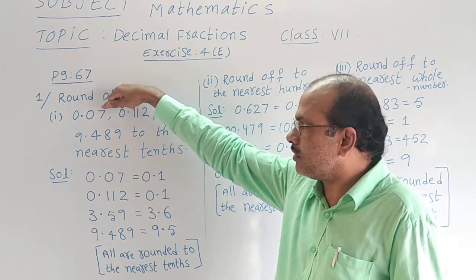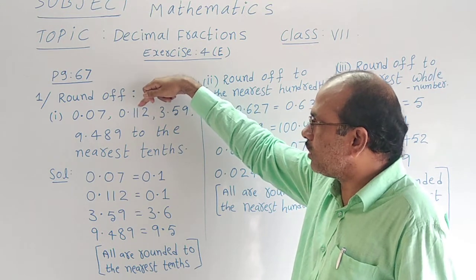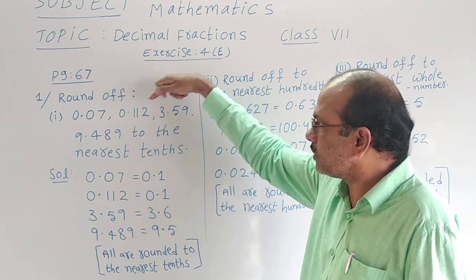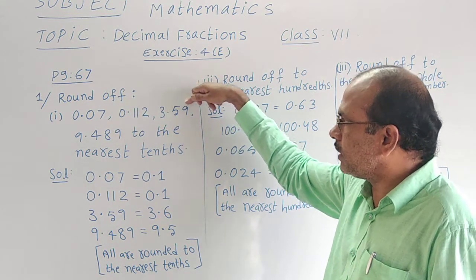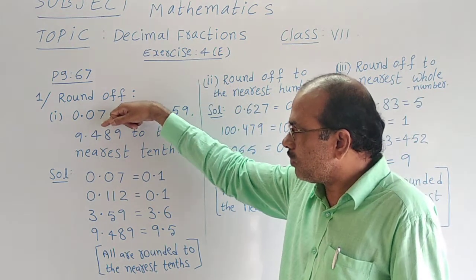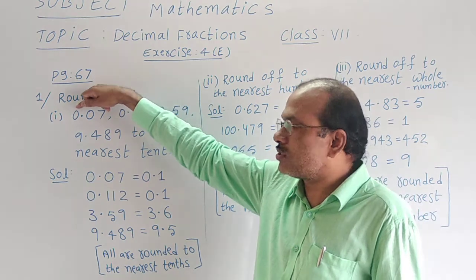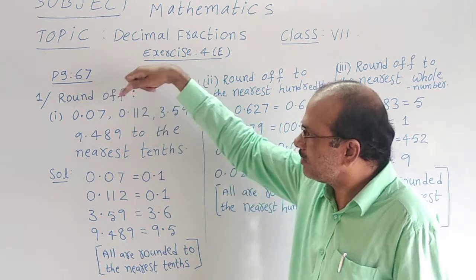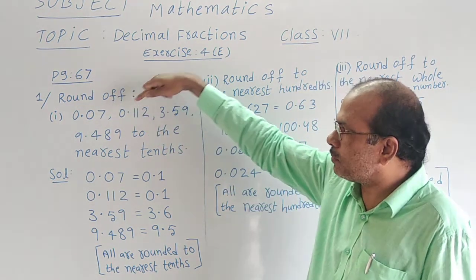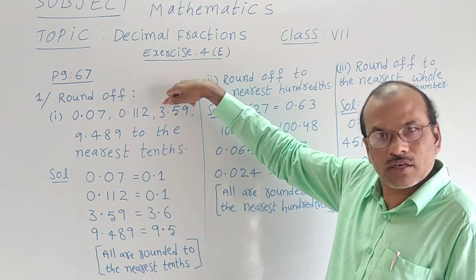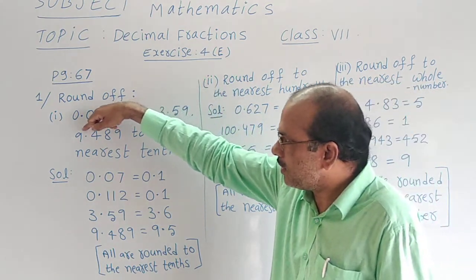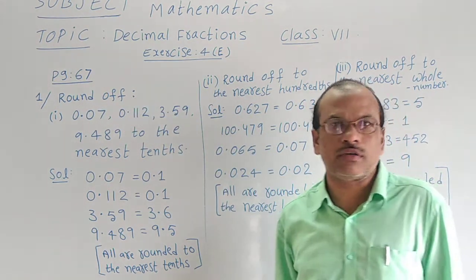Same way here 1, 1, 2 are in the decimal part. 5, 9 are in the decimal part. 4, 8, 9 are in the decimal part. Starting 0 is the whole number part. Here 0 is the whole number part. 3 is a whole number part. 9 is also the whole number part for us.